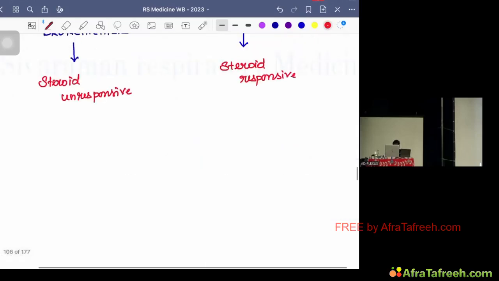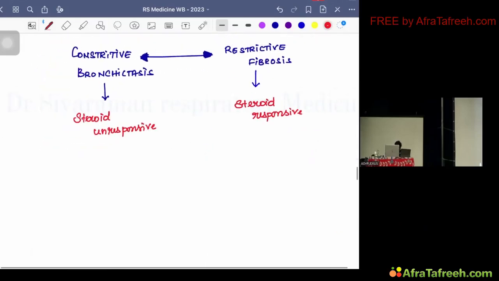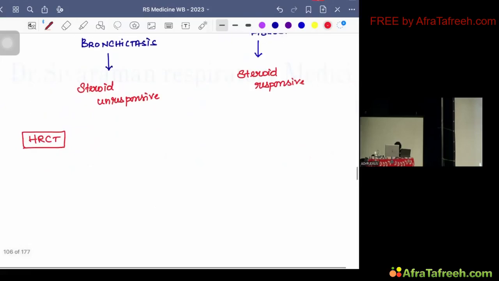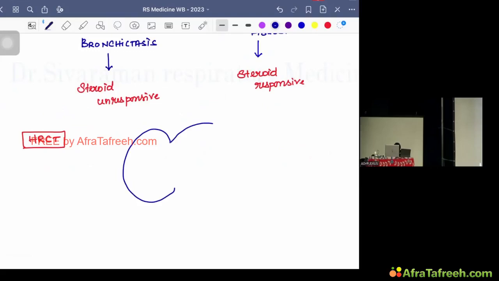The next step is investigation. You can go for HRCT. In HRCT, this is the lung and this is the heart.